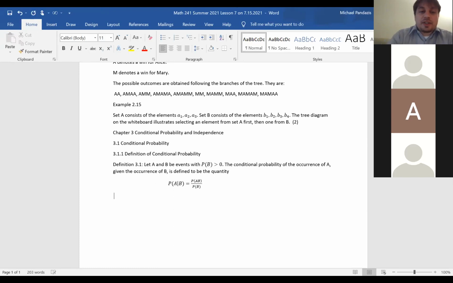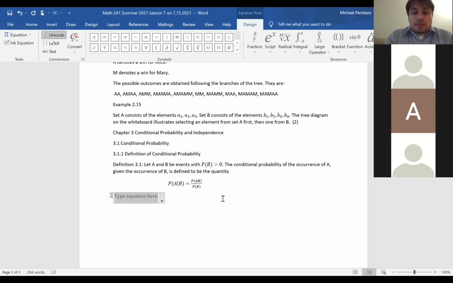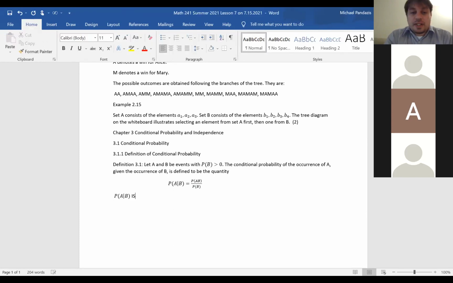This is read as the probability of A given B, the conditional probability of A given B. You can say that in words that way.